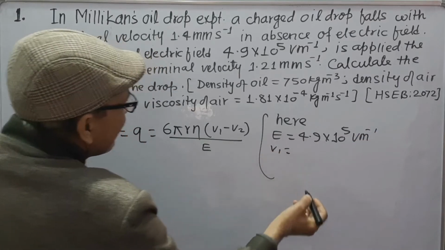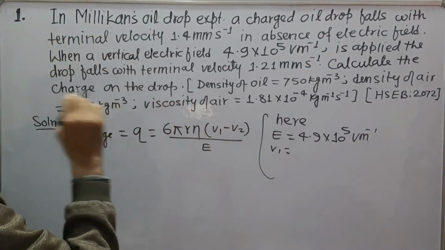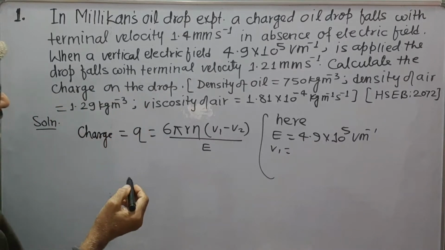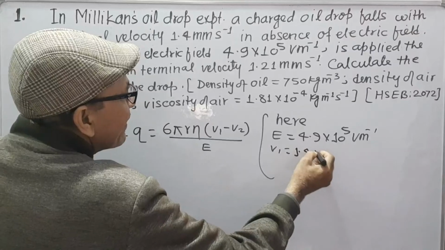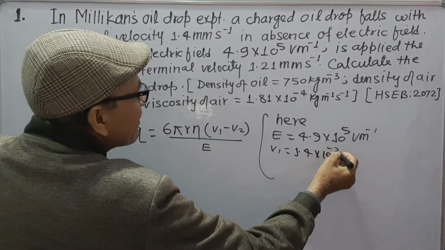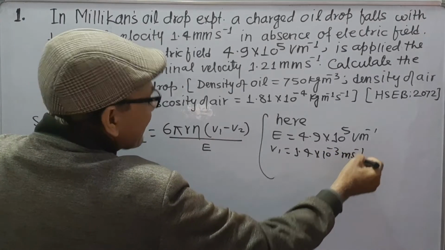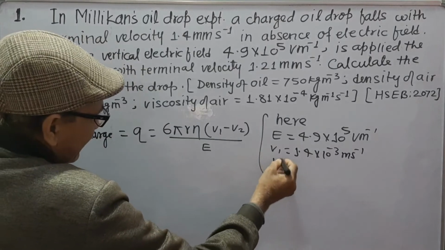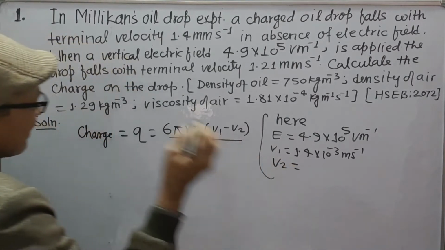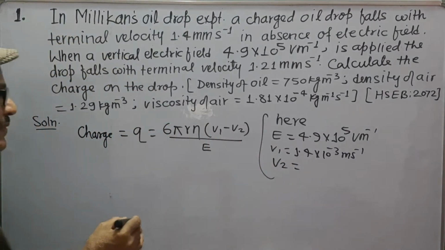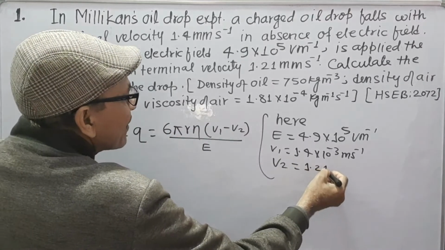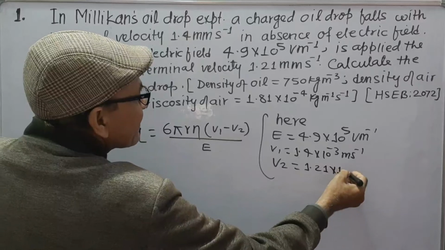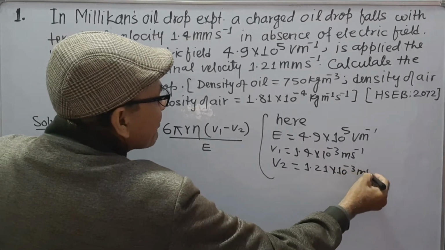V1 is the terminal velocity in the absence of the electric field, 1.4 x 10^-3 meter per second. Similarly, the terminal velocity in the presence of the electric field is 1.21 x 10^-3 meter per second.